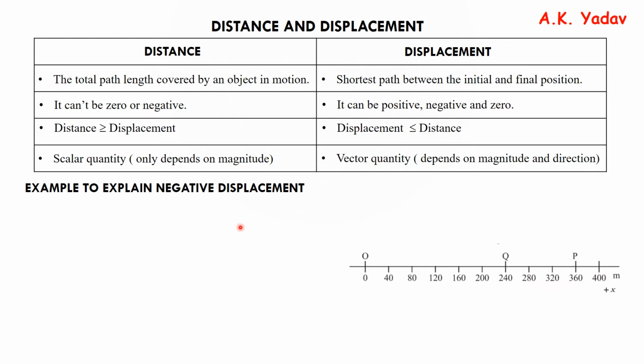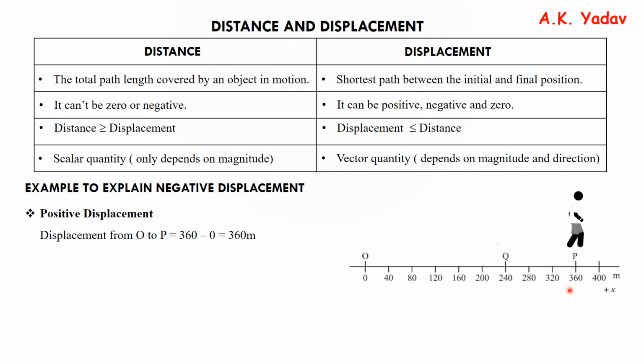So here you can see we have points 0, 40, 80 on a number line, and we have the positions O, Q and P. Here is a person at O, that is the origin, and he moved from O to P. So the displacement from O to P: the final position is 360, the initial is 0, so 360 minus 0 is equal to 360.